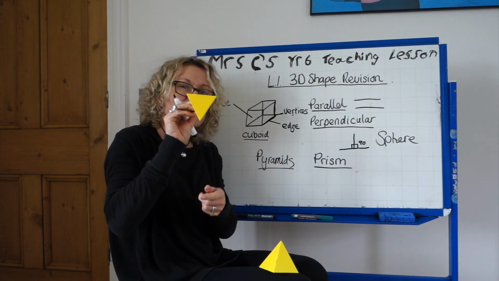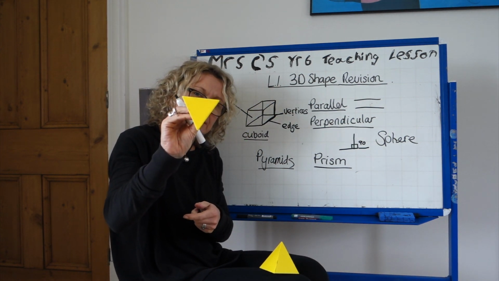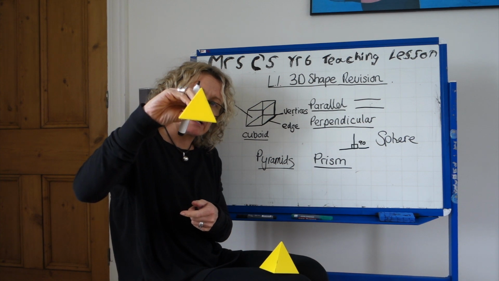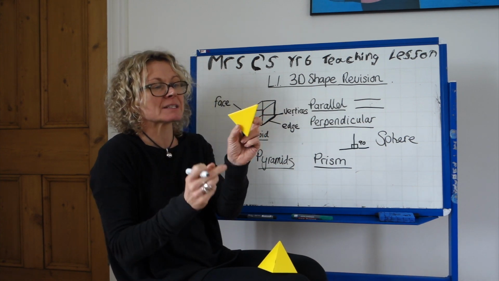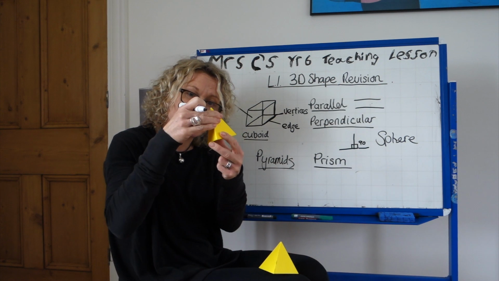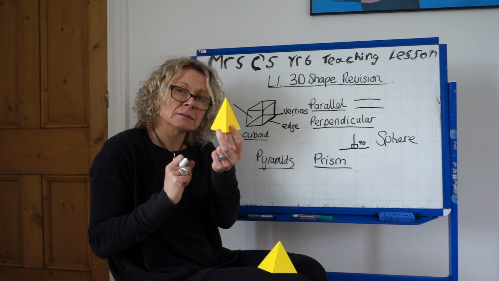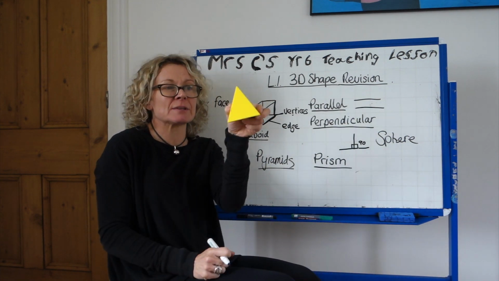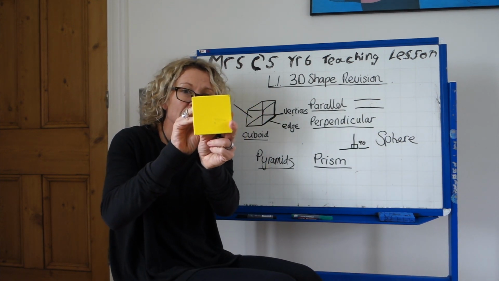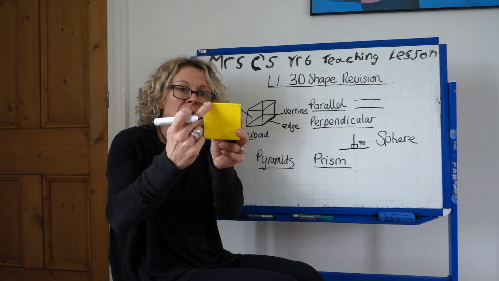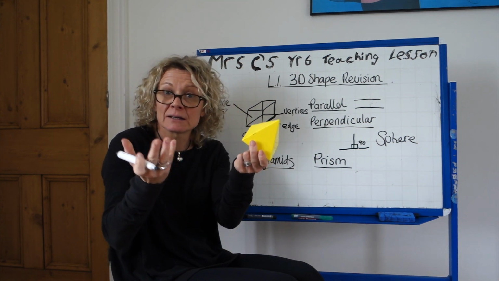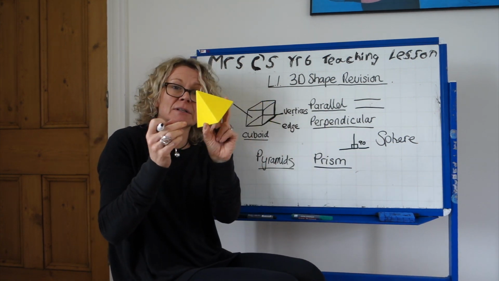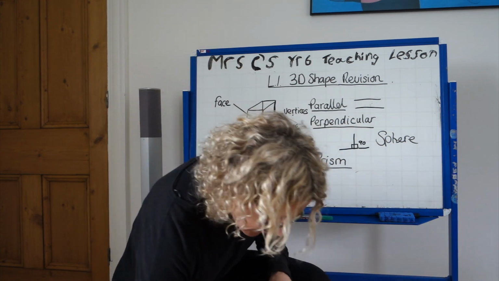Okay, so you look at the base of it. What shape is it? A triangle. So therefore this is a triangular based pyramid. And you look at the base of this one. It is a square. So that is a square-based pyramid. Absolutely. Easy, isn't it?